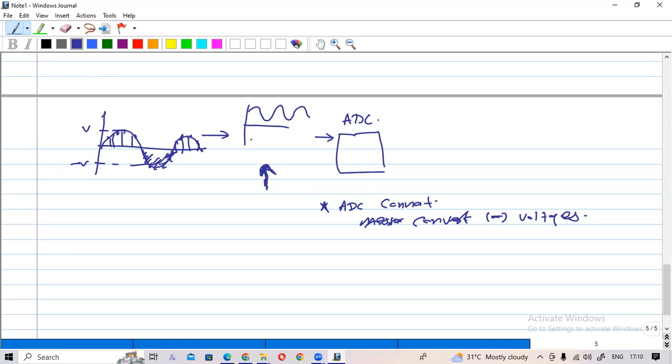For that, what you have to do? So you are shifting this level. So what do we call it? If you want to shift it, what you have to do?